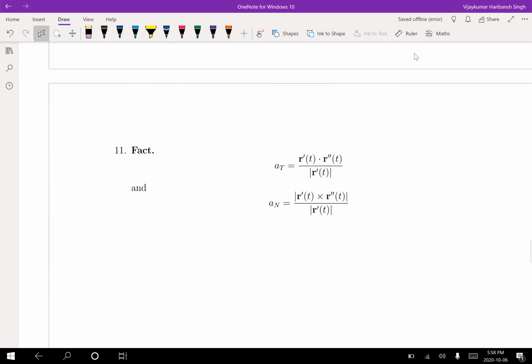Another fact is that a_T can be written in the following form: r prime of t dot r double prime of t divided by the length of r prime of t, and a_N can be written as this guy.